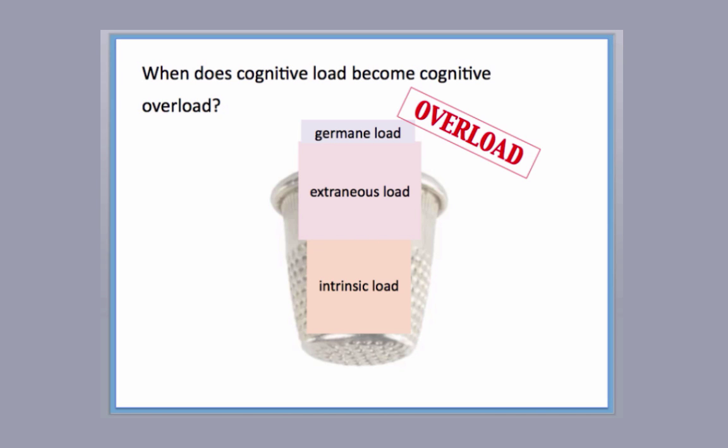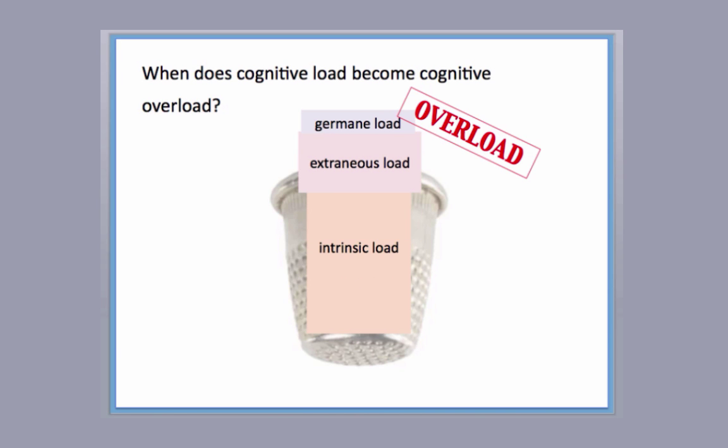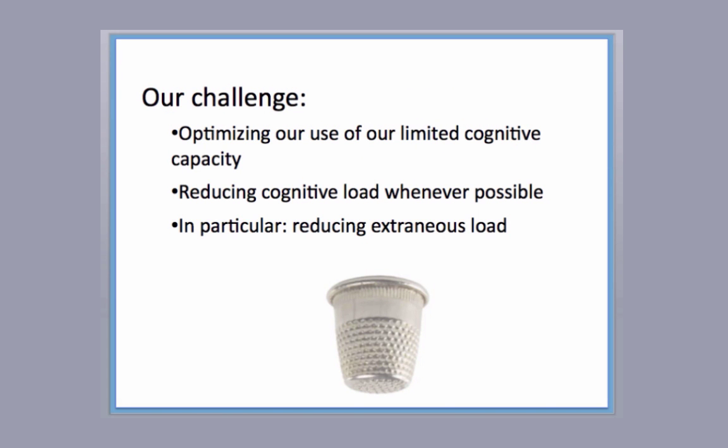Maybe our learner has never had to paraphrase a poem before, or maybe this sonnet contains two different and opposed perspectives on a topic like love or death. In that case, the intrinsic load related to the intrinsic challenge and difficulty of the task may simply be too much by itself. Which brings us, in conclusion, to our challenge, right?